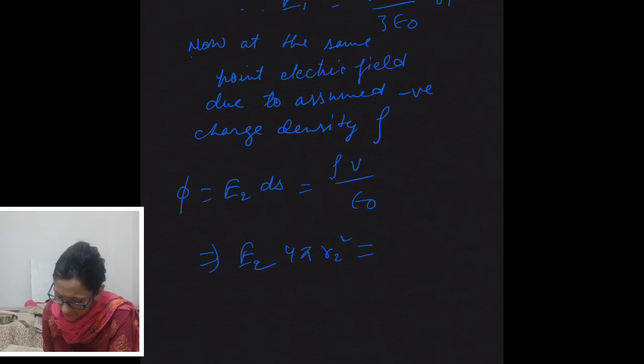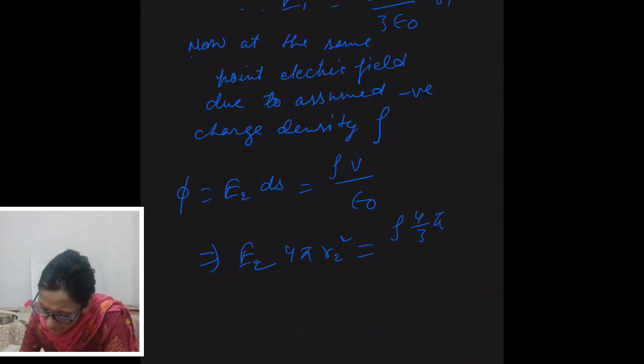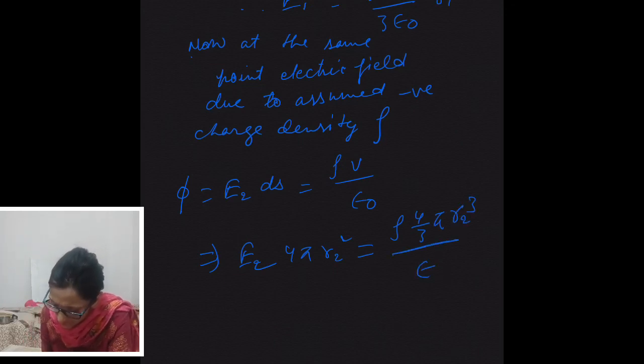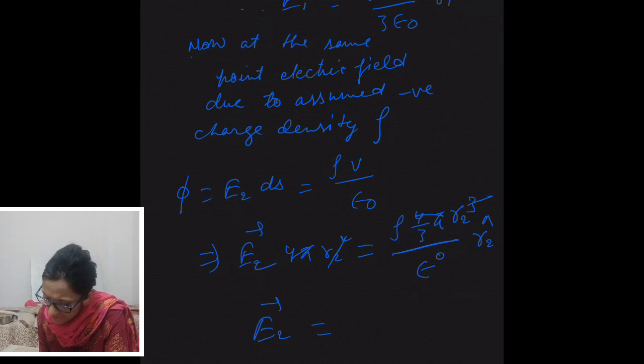If you draw a surface at this point, the surface area is 4 pi R2 square, equal to rho into 4 by 3 pi R2 cube by epsilon naught, in the direction of R2 cap.